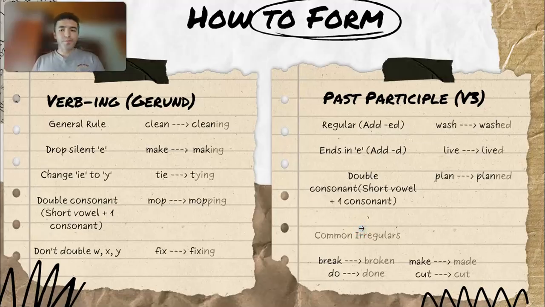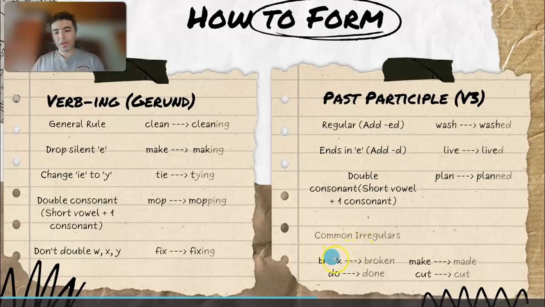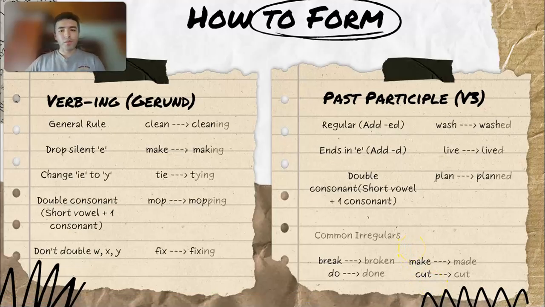According to the past participle, we have some irregular verbs. For example, common irregulars: break, broken; do, done; make, made; and so on. Okay, according to the rules of the participle.